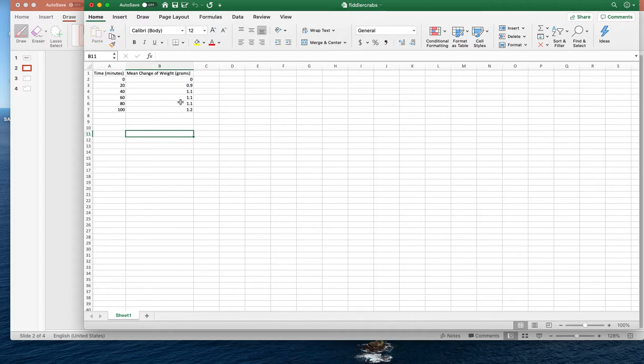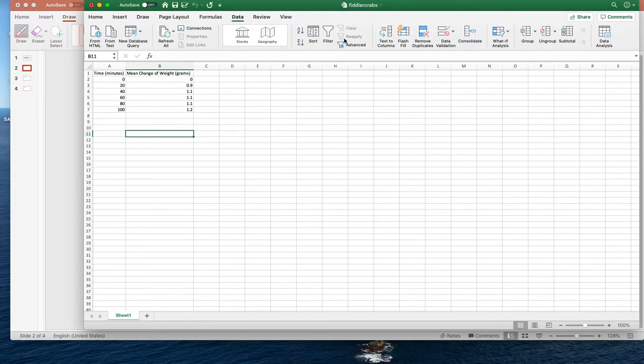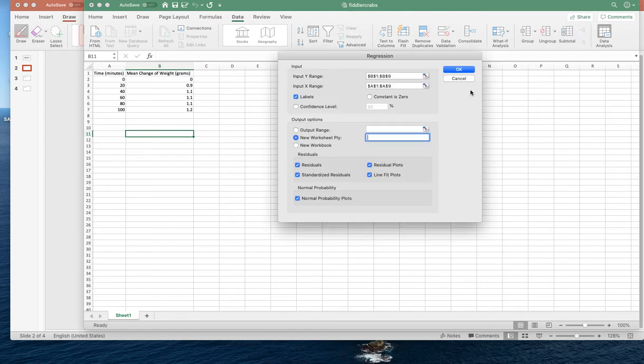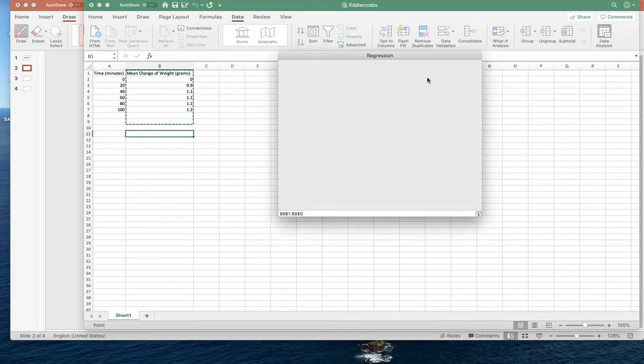In order for us to do this, we need to go to data on here, and after you put in that analysis tool pack, this data analysis box should be available. You'd click that and hit on this regression analysis tool, and then hit OK. Now we need to select our data.